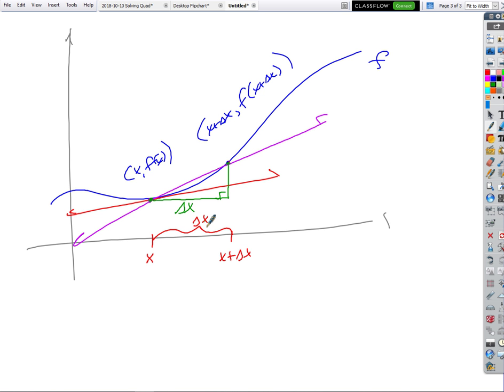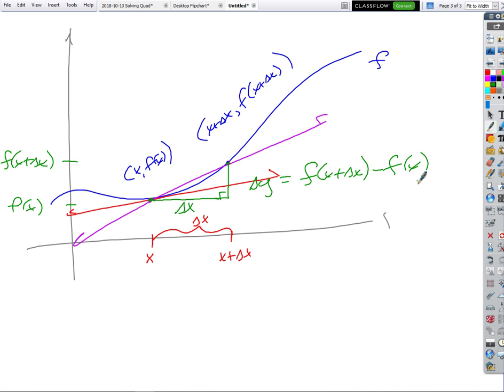What's delta y? It's going to be the change in y, which would be the difference in the values of the function, right? So if we look over here, let's put these values on the y-axis. Here I've got f of x, and here I've got f of x plus delta x. Well, delta y is just that distance, isn't it? Everybody see? So delta y equals f of x plus delta x minus f of x.